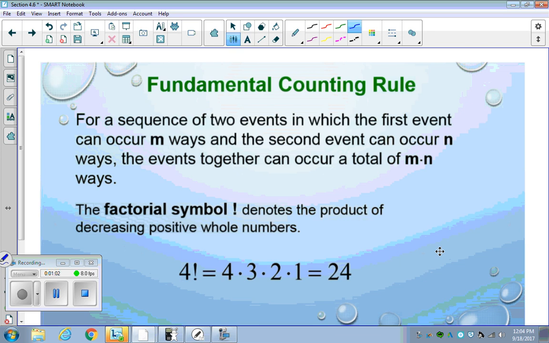We use something called the factorial symbol. And we do that when we have a first event can occur so many ways, the next event can be one less, the next one less, the next one less, the next one less.